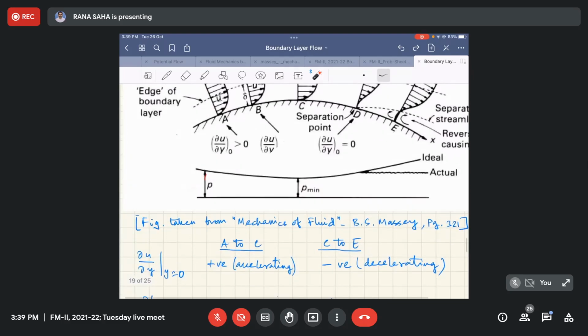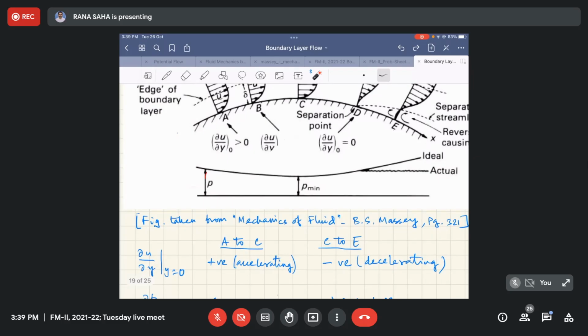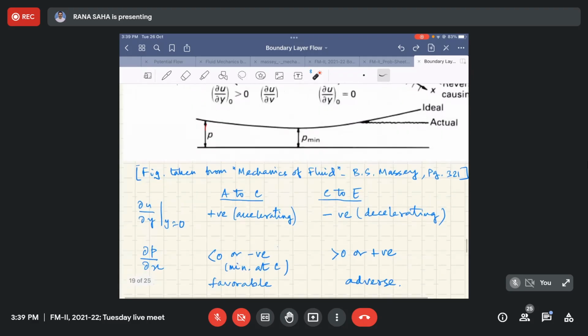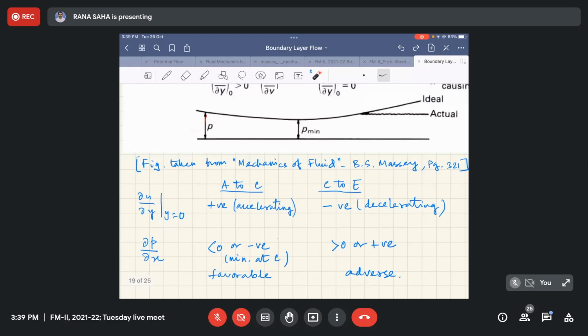Okay, from point C onwards, as you are having divergence, you are having a decrease in velocity. I think nobody will disagree, right? So it will be a decrease in velocity, followed by an increase in pressure.